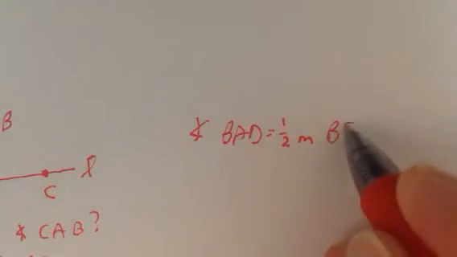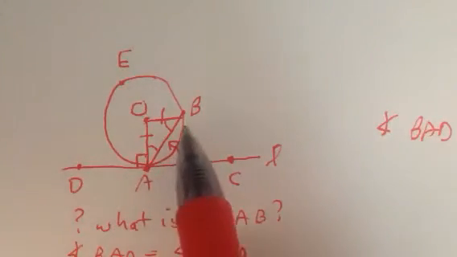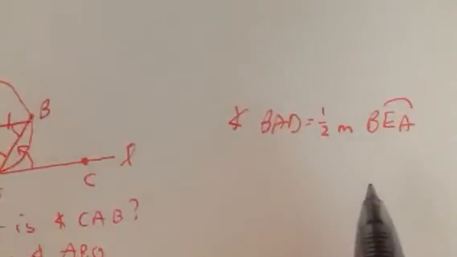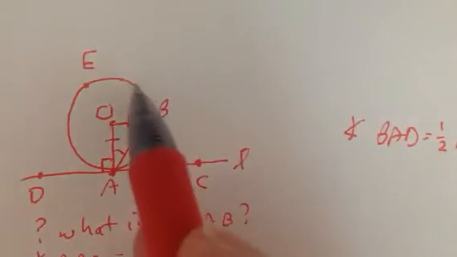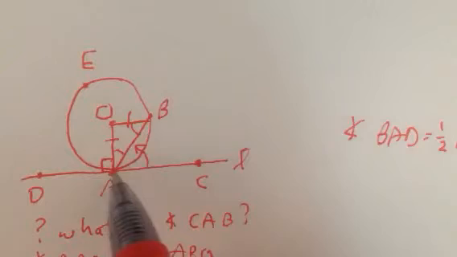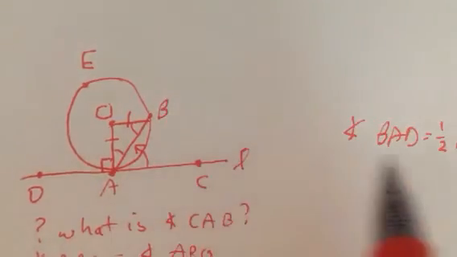Well, we already know that minor arc AB is equal to 1/2 of the measure of AB. Okay, so we know that the measure of BEA has got to be 360 degrees minus the measure of minor arc BA, because the total must add up to 360 degrees.